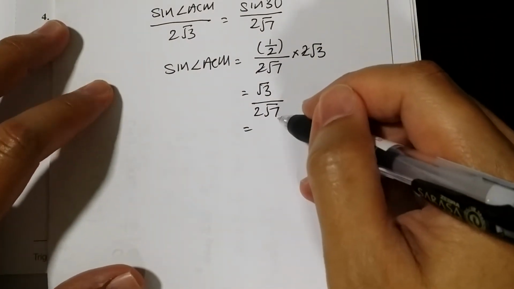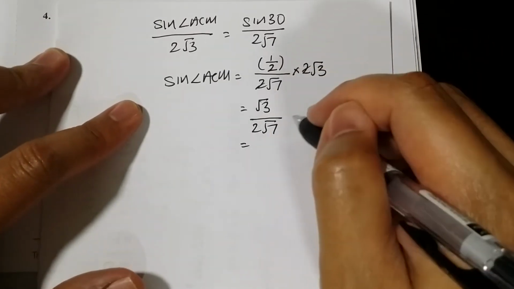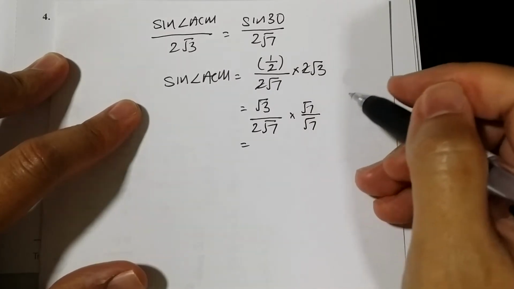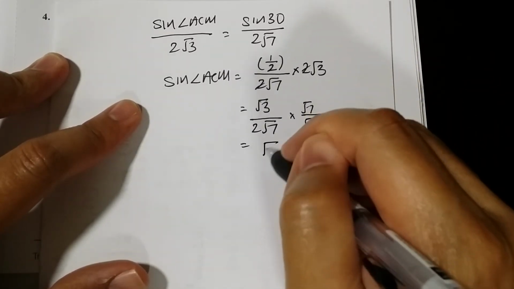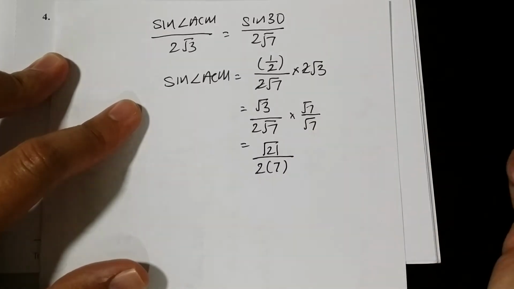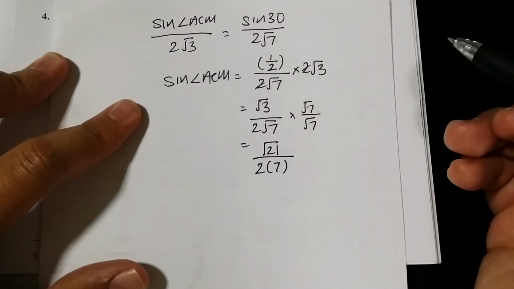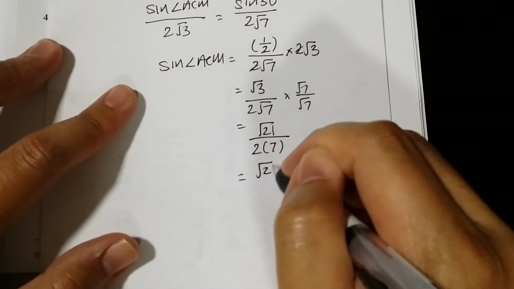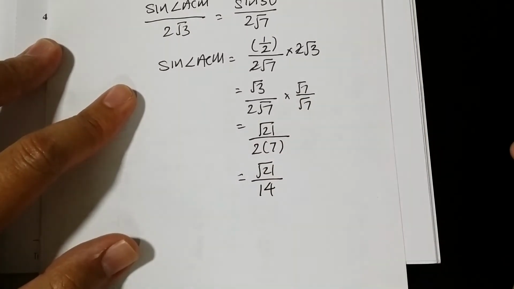I cannot see surd as the denominator, right? So multiply by square root 7. So I get square root 21 over 2 times 7. Square root 7 times square root 7 is 7, right? So I will get square root 21 over 14.